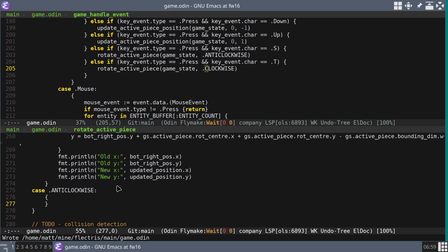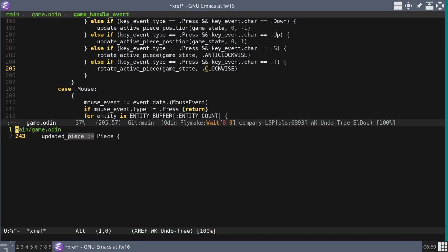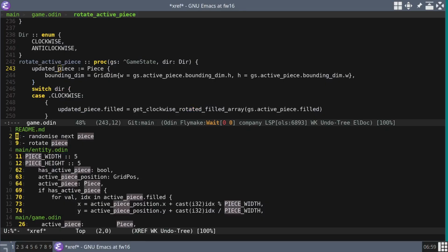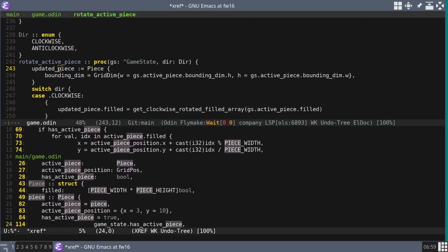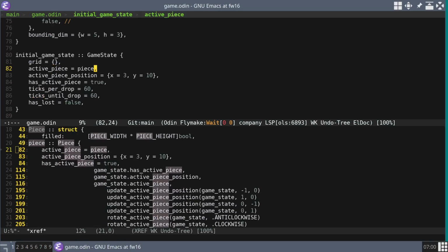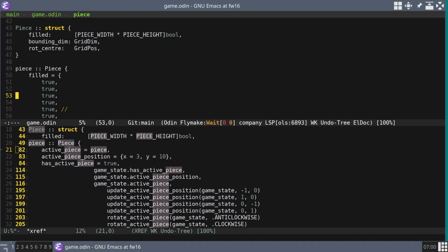So what are we doing? We currently have a single hard-coded piece. Don't know where that piece is defined. Not defined there. Width, piece height. Active piece is equal to piece. There we go.